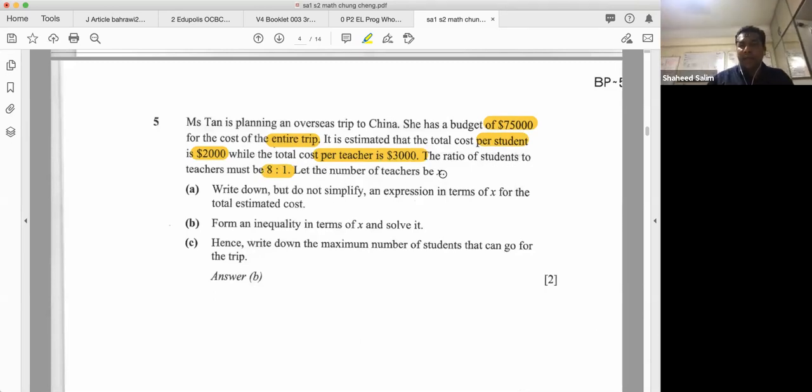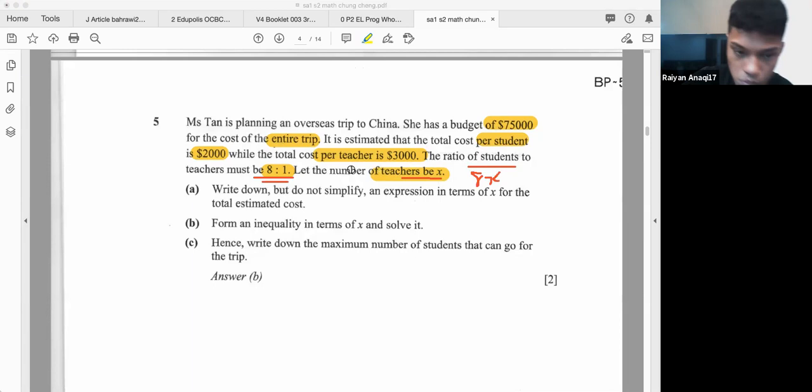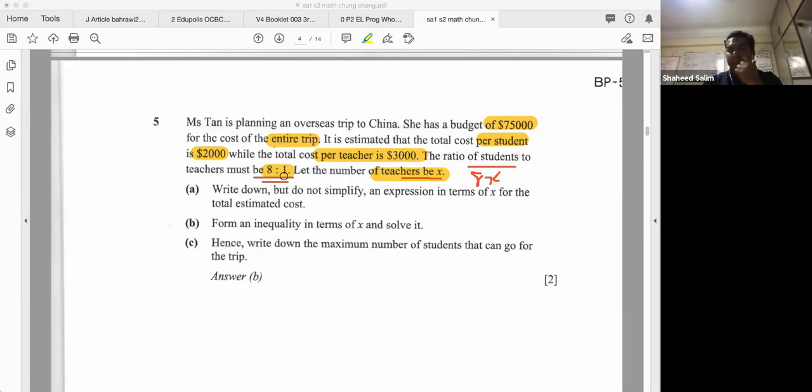Let the number of teachers be X. So question number one: if the number of teachers is X, what is the number of students? Anyone knows? The 8X. 8X, good. Because the teachers is 1 unit, students is 8 units.